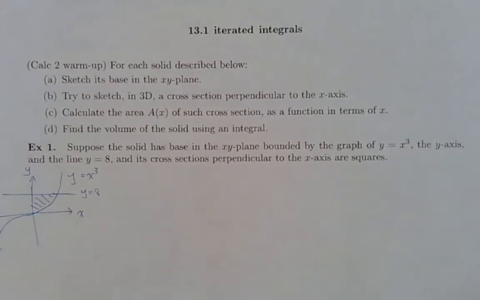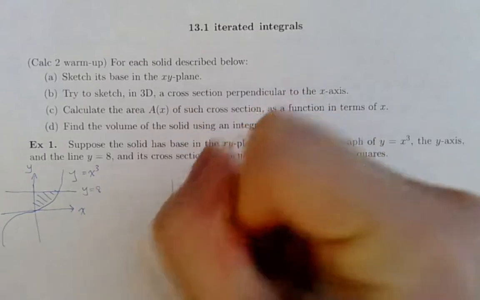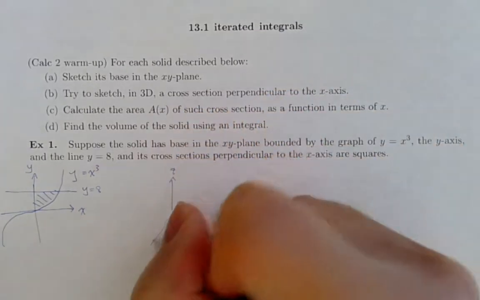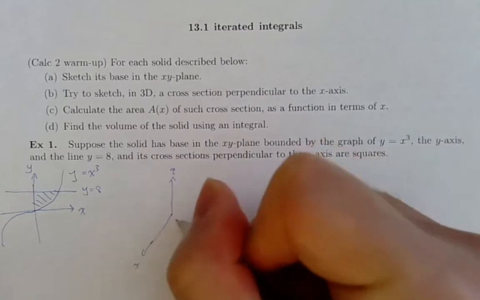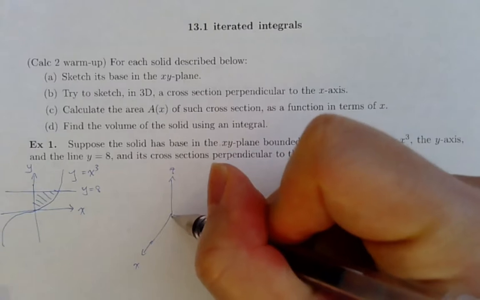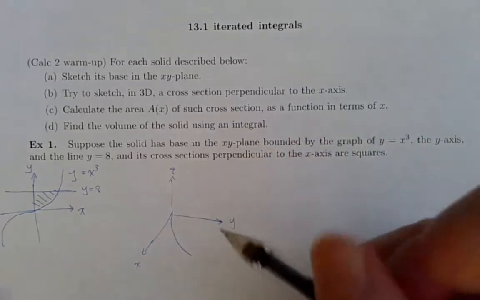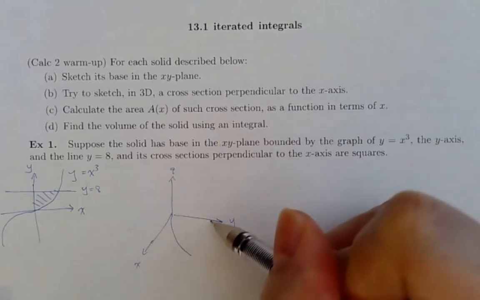And I'm going to try to sketch this in 3 dimensions. Z going above as usual, x here, y there, and I need to sketch this region, probably something like this, and then y equals 8.